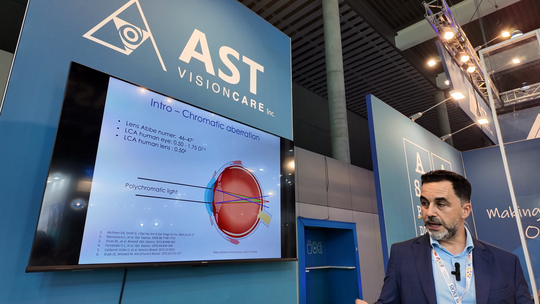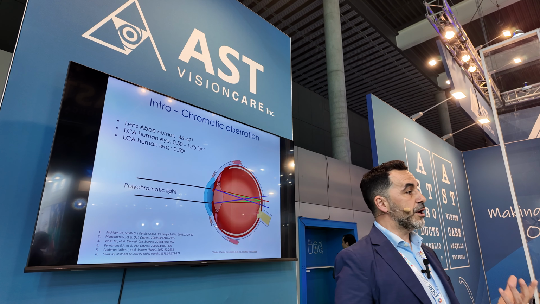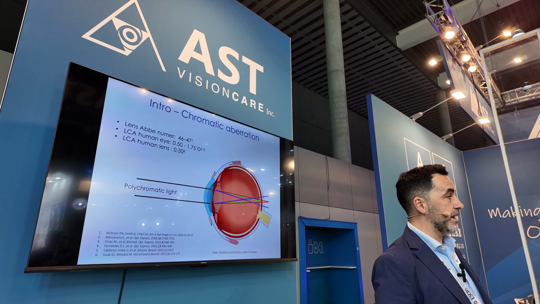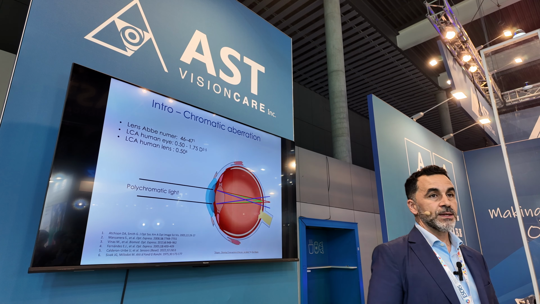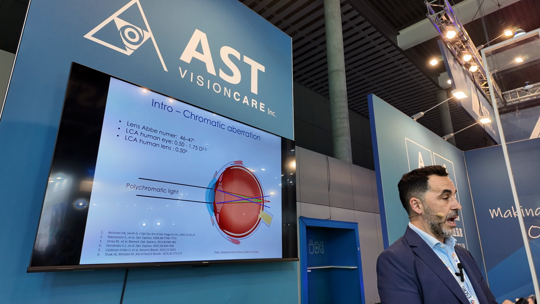So in this little talk we're going to explore what the values of chromatic aberration are with the Eyhance family of lenses, to try to determine whether it has a benefit or not for the actual patient.